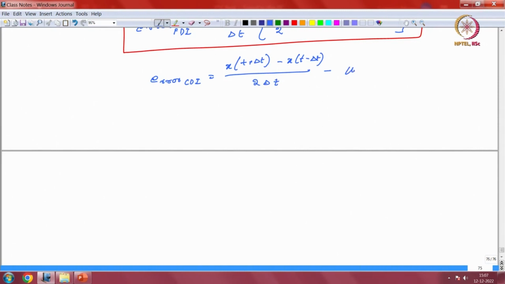And we have already evaluated these quantities before. So if you just go ahead and try to do that by yourself, what you will find is this starts to look something like this: e to the power a delta t minus e to the power minus a delta t.